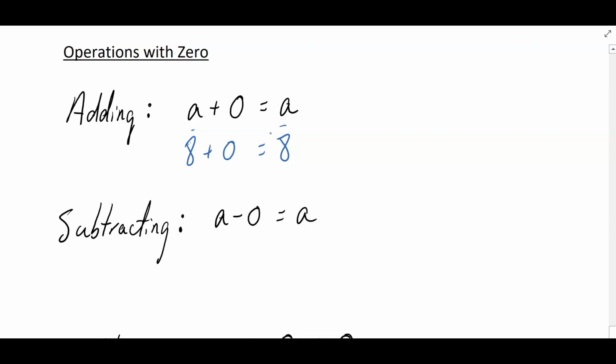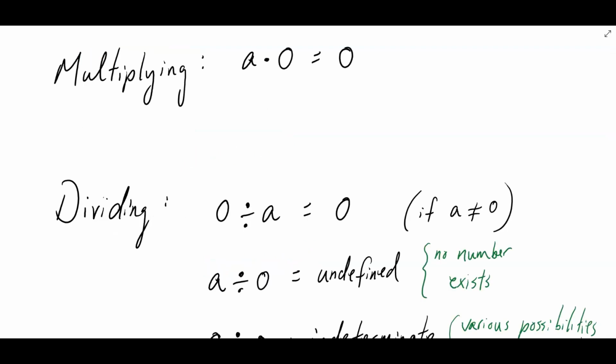And the same goes with subtraction. 10 subtract 0 equals 10. No change, right? Just wanted to reinforce this idea. With multiplication, multiplying any real number by 0 results in 0. So we would just take a look at an example. 5 times 0 is 0.